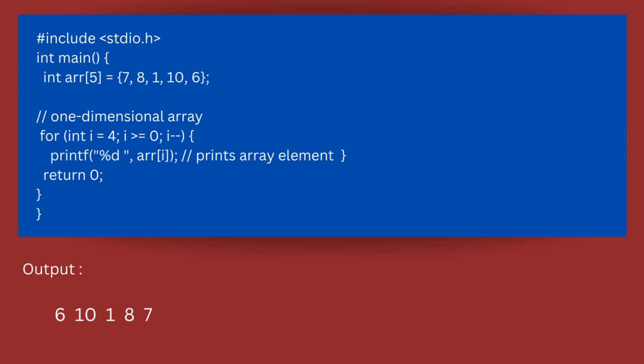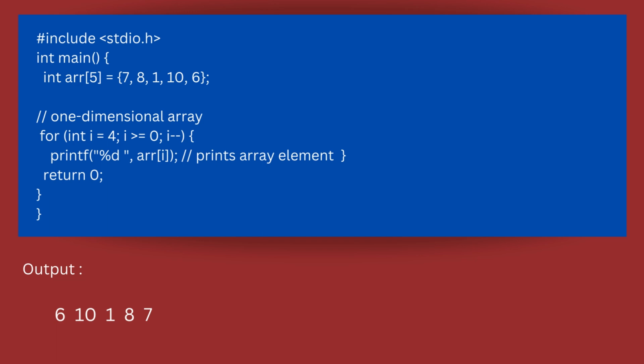We know all the execution starts from main. In each video I am telling the same: the main function is the starting point of execution. Here we are creating an integer type array of 5 elements, and at the same time we are initializing the variables.